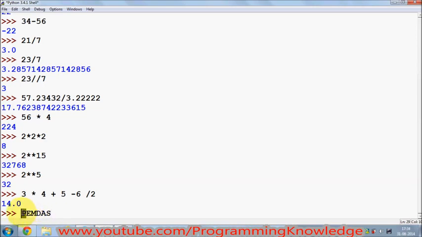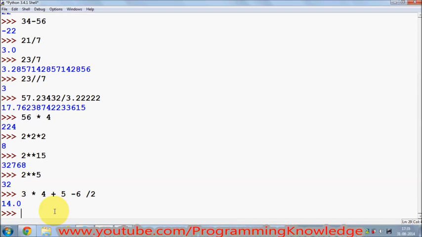P stands for parentheses, E stands for exponents, M stands for multiplication, D stands for division, A stands for addition, and S stands for subtraction. The way you remember this is you can abbreviate it as Please Excuse My Dear Aunt Sally, if you want to remember this order. So this will be the priority, or the order of your operations.